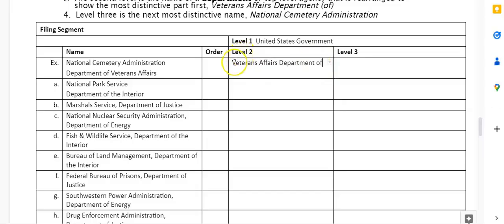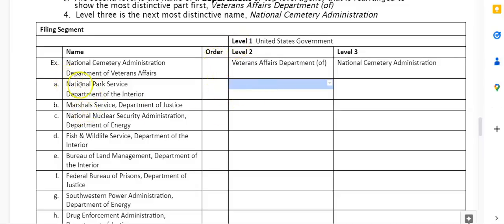So your entire level 2 is Veterans Affairs, Department of. And generally, it's good practice to put, if you have of or something like of the, in parentheses. Okay, so level 3, it tells us is the most distinctive name, and that's going to be the National Cemetery Administration. And that one's easy. We can input it exactly as it's written, Cemetery Administration.